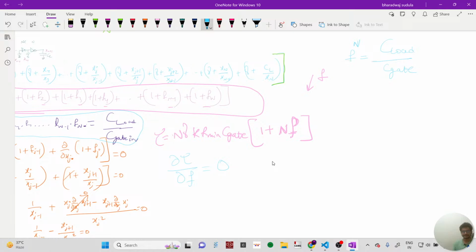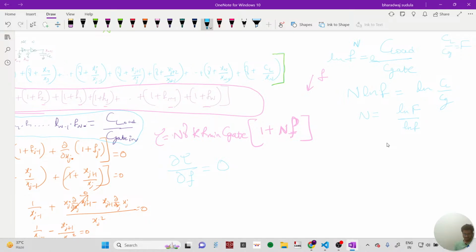So with this, I can apply natural logarithm. This is ln of C load by C gate. So n will be ln of, let's consider this CL by CG as capital F, capital F by ln F, small f.